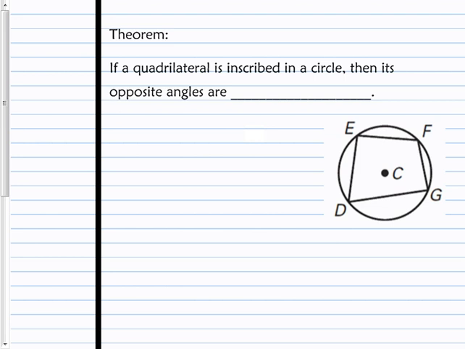First theorem: if a quadrilateral is inscribed in a circle, then its opposite angles are supplementary. We've talked a lot about angles either being congruent to each other or being supplementary, and supplementary means they are equal to 180 degrees.